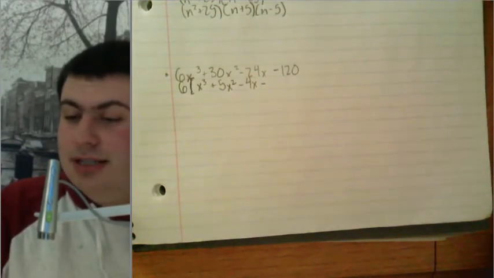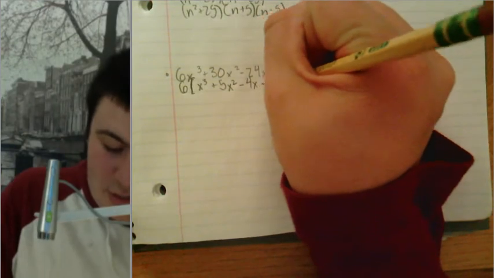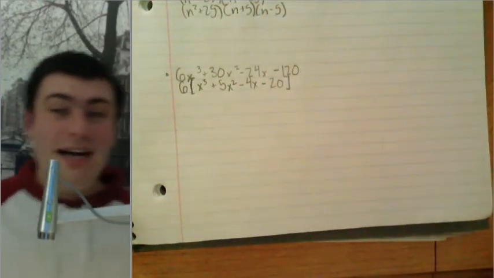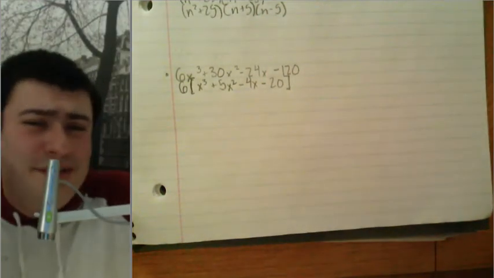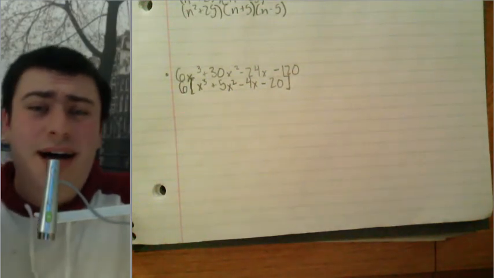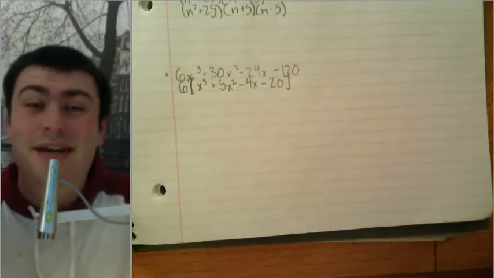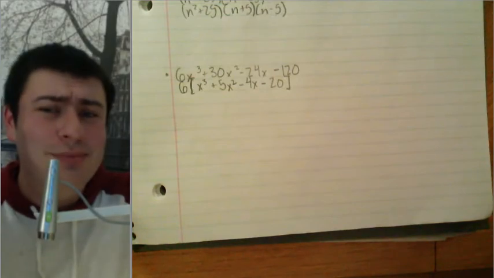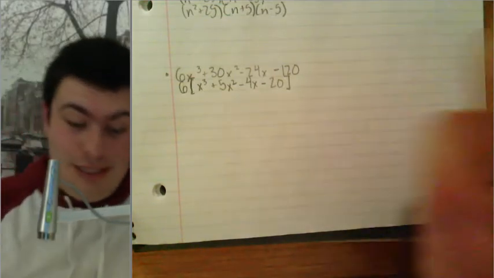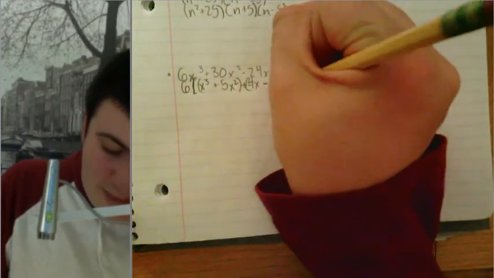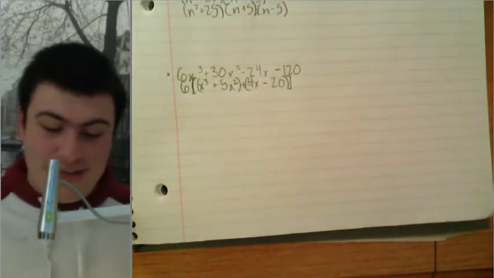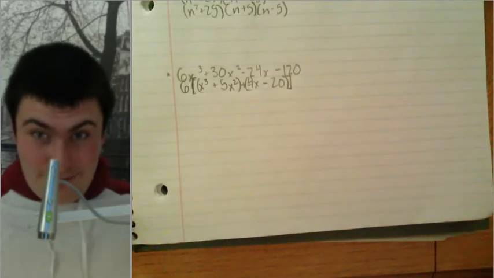Just double checking, don't want to lead you astray. That's right, minus 20. Now, we have 4 terms. Do we see a difference of squares right away? No. We can't really do anything with other factoring because we have 4 terms, but remember in 4 terms we can use grouping. So we can say the group x cubed plus 5x squared plus the group negative 4x minus 20.